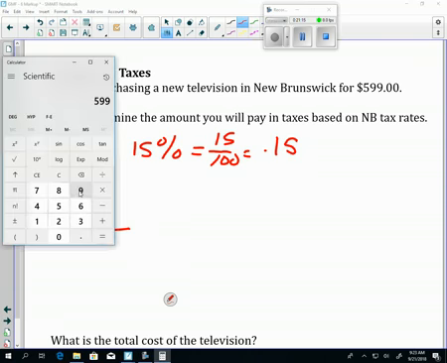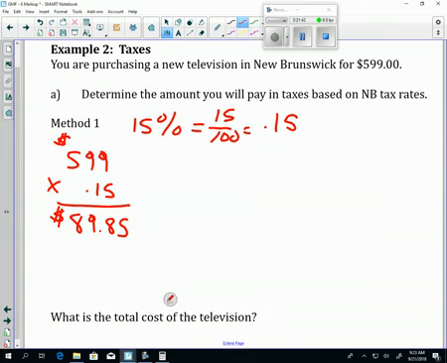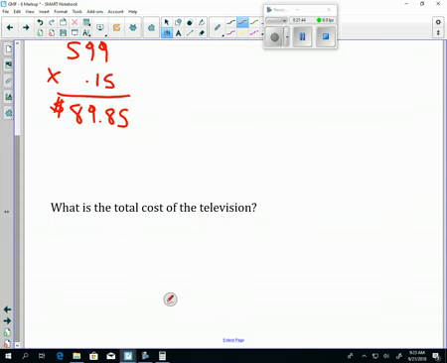$599 times 0.15, and I get $89.85. Now, to find out what we have to pay for the TV, this is going to be my taxes.